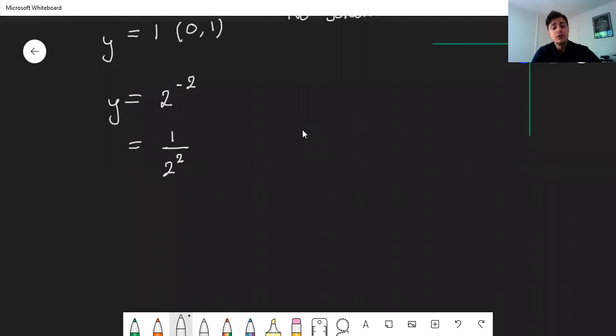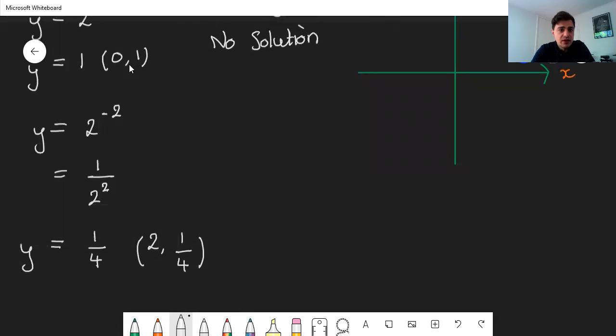And it starts to look more familiar already. 1 over 2 squared is 1 over 4. Therefore, the coordinate we can put is x is equal to 2 and y is 1/4. There we go. So two coordinates, (0, 1) and (2, 1/4).